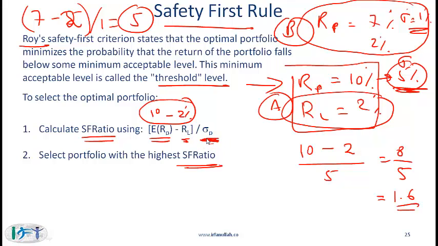If the standard deviation is high, then that pulls down the safety level, because a high standard deviation implies that the probability of falling below our threshold level becomes more. So that's why we consider both this cushion as well as the variation. We compute the safety first ratio and pick the one with the higher ratio. The one with the higher ratio has a lower probability of falling below the threshold level.